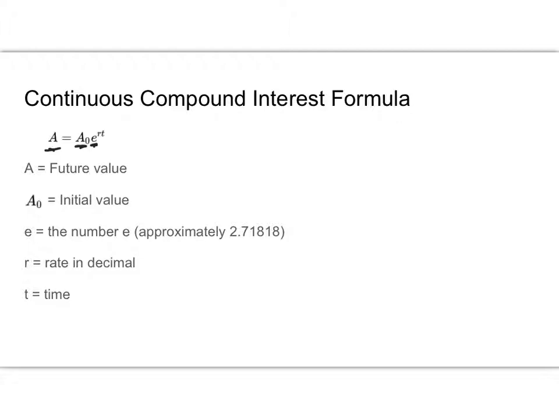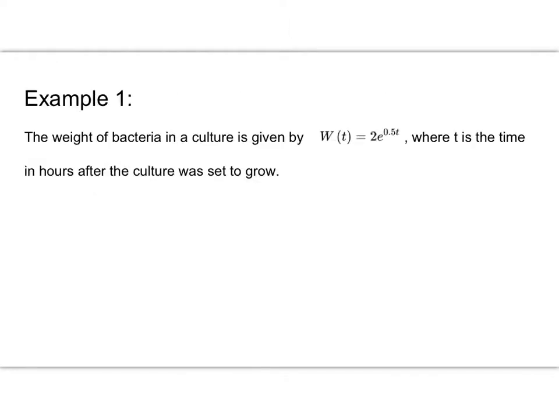And then R is the rate in decimal, and T is the time. So first example of evaluating a function that has continuous growth or continuous decay.